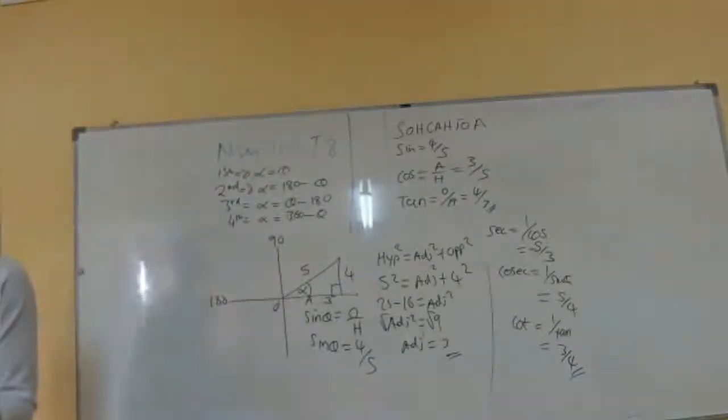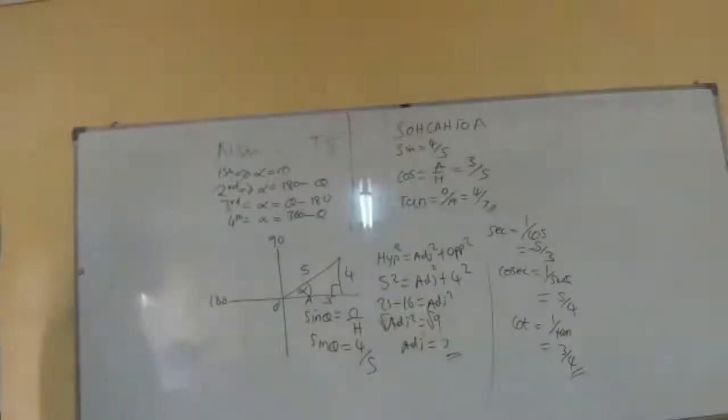Those are the basic trigonometric identities we have at the end of it all. That's how you go about that question.